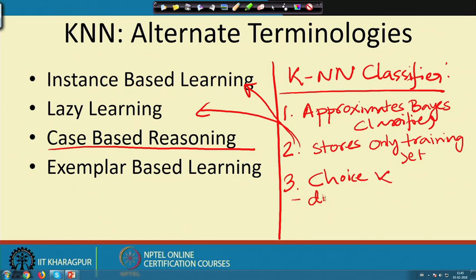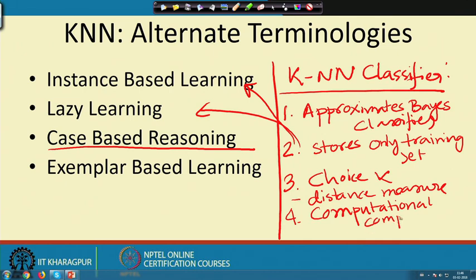It needs some distance measure, which is again domain dependent, and it has a problem of computational complexity, for which there are techniques like the condensed nearest neighbor and KDT to solve. So, that is the picture.